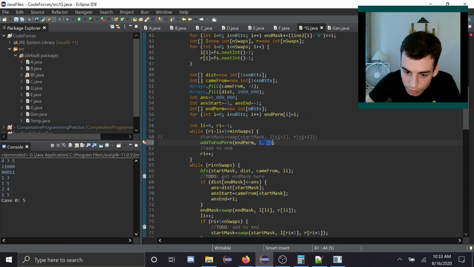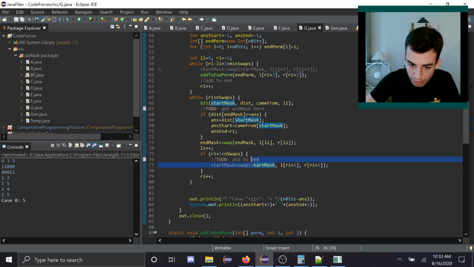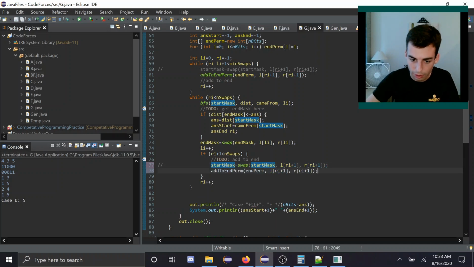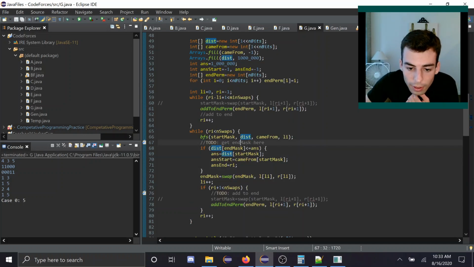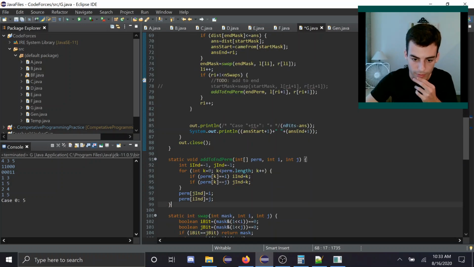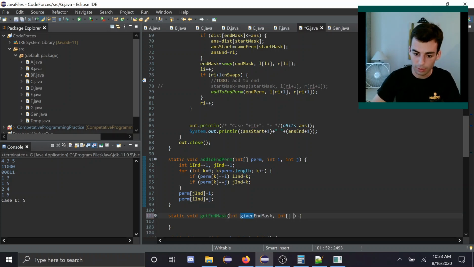These things right here. Okay, this is the same thing, goes here. Now static void get end mask, given end mask into a perm.